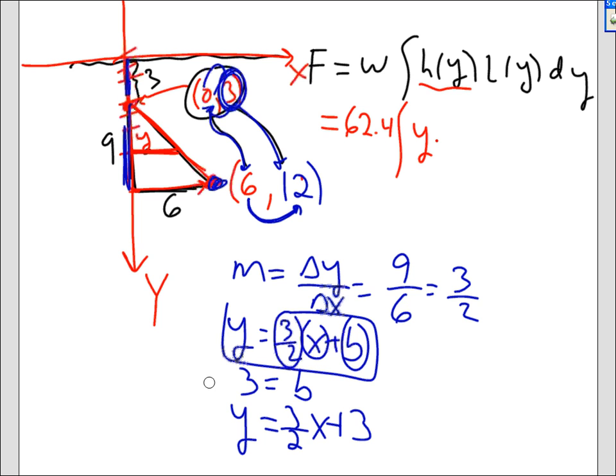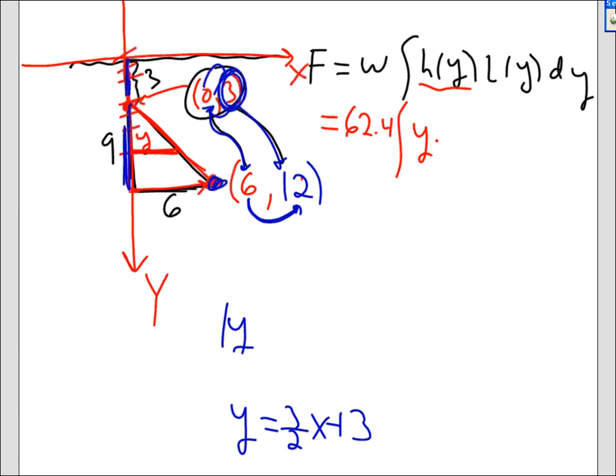Let me erase lots of this. Now, for a given y value, I want to know what x is. For some given y value, I want to know how long that is. Solve this for x.